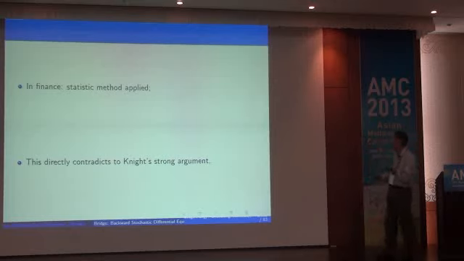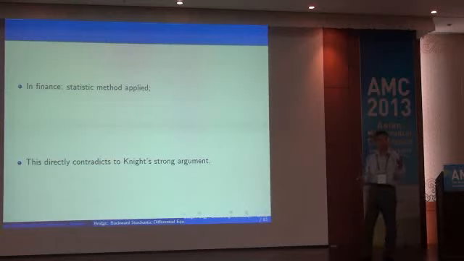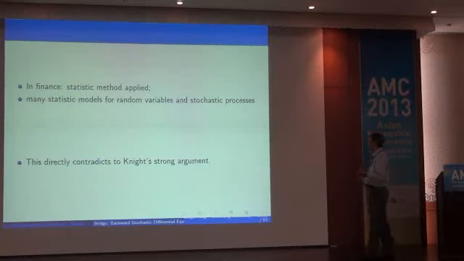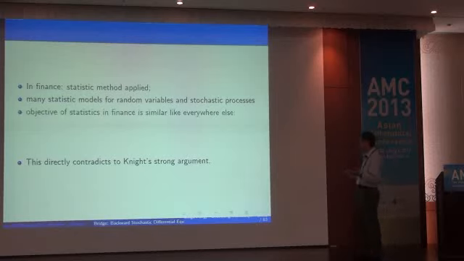It is not statistical because they just use implied volatility. Also, many stochastic models of finance assume that the random variable and the stochastic process are things whose distribution they can know.